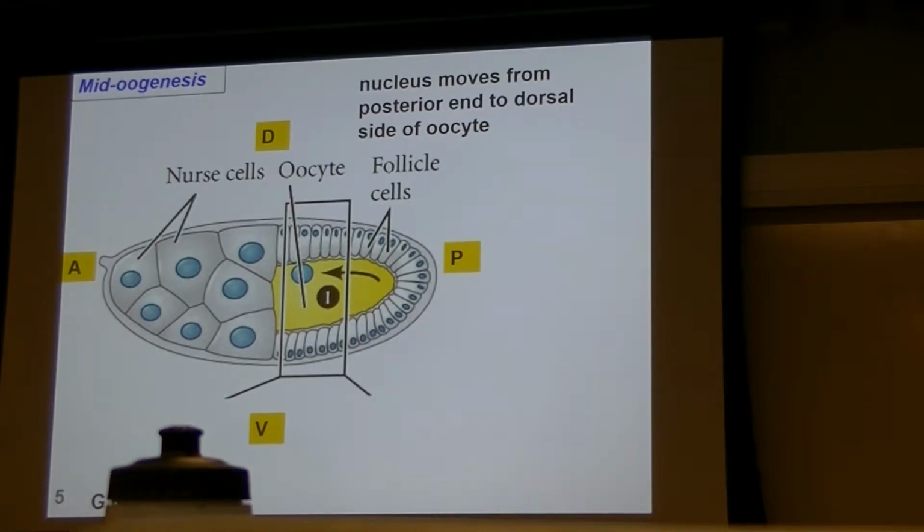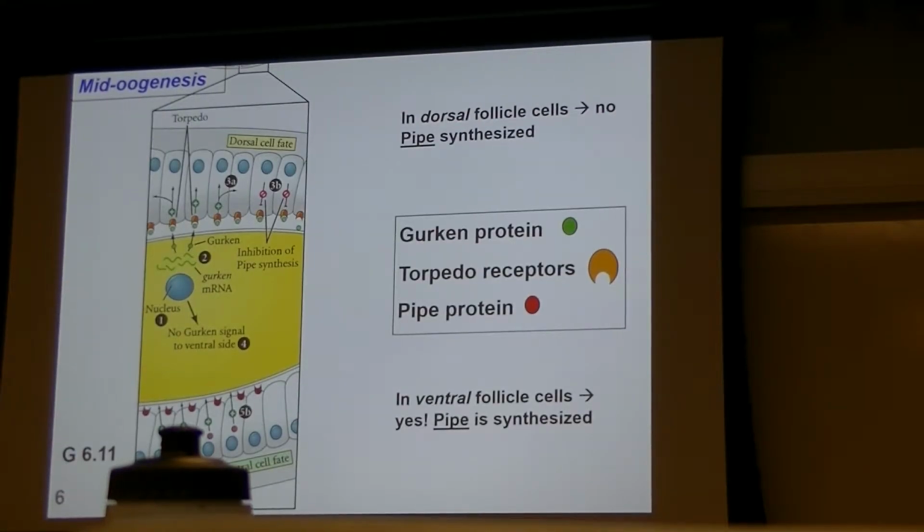And we'll look at some of the molecular players. Okay? So gurken mRNA, and then protein being secreted by the nucleus. It's going to be externally secreted from the cell and then interact with torpedo receptors on those layer of follicle cells.